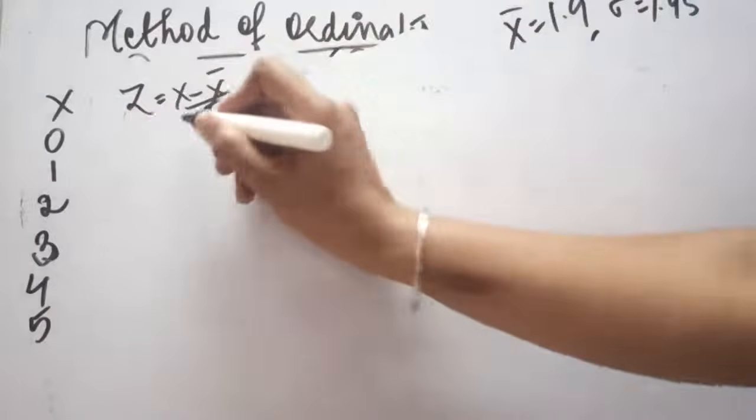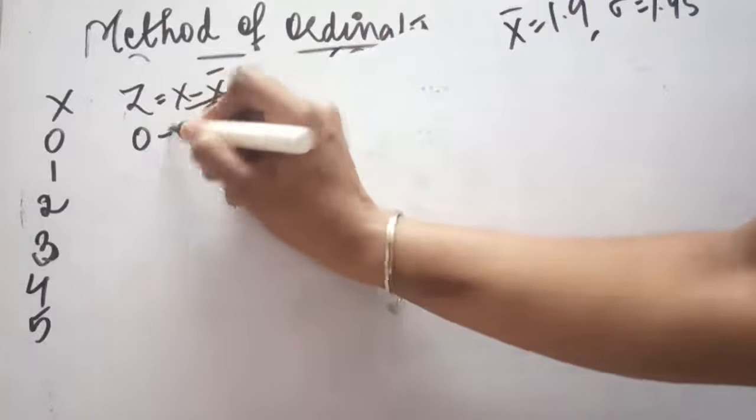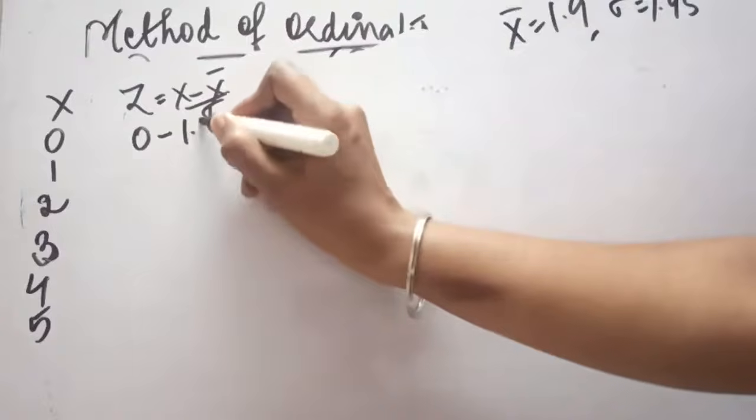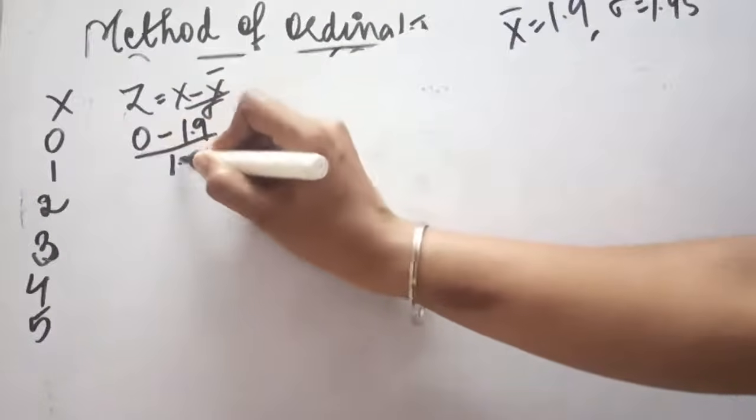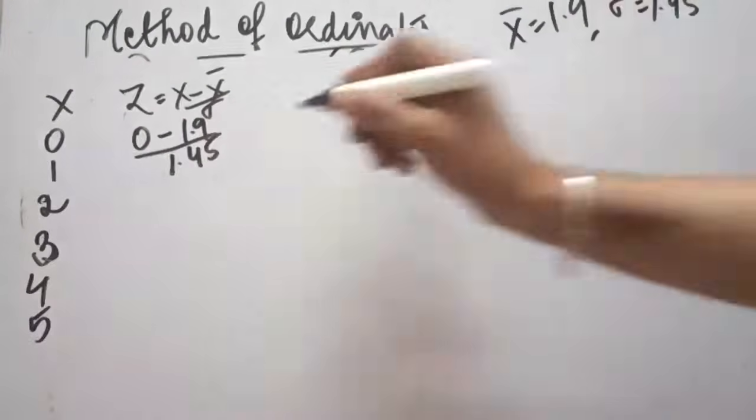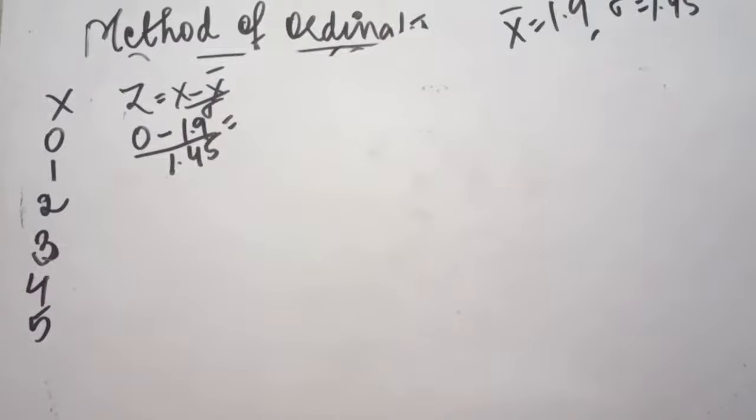So for the first value, x is 0, mean is 1.9 divided by standard deviation 1.45. So this will be minus 1.9 divided by 1.45. This comes out to be minus 1.31.